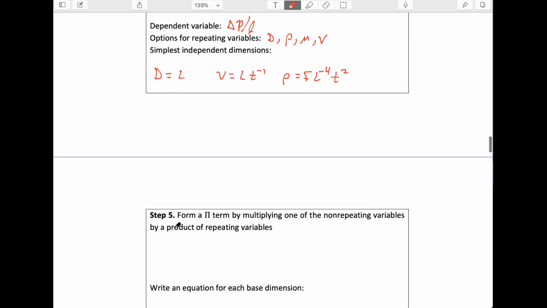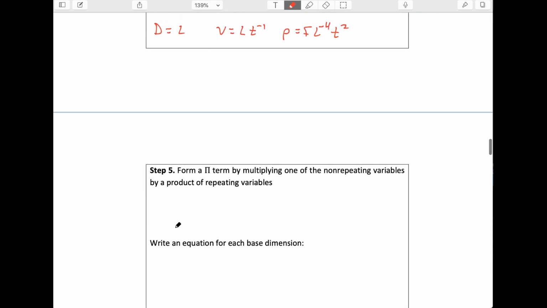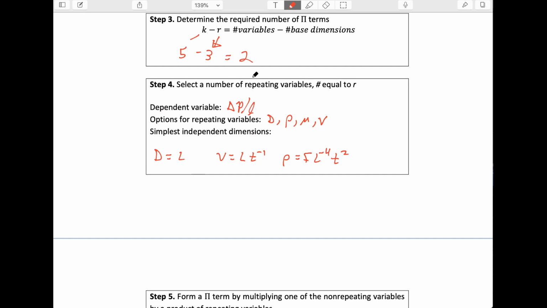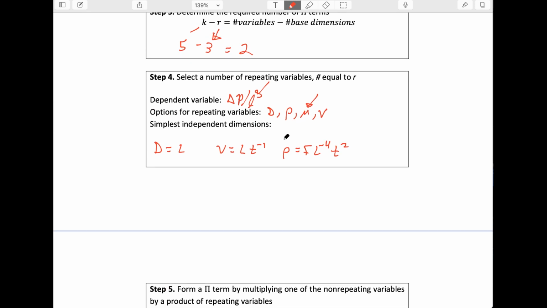Okay, here's why that's useful. Now that we've got this, we can form our first pi term, okay? So let's go ahead and grab, we're going to call this thing pi 1, and it's going to be one of our non-repeating variables. Well, we have 2 of those. We have this term here as a non-repeating variable, and we didn't use viscosity as a repeating variable, so those are our 2 non-repeating variables in this problem.